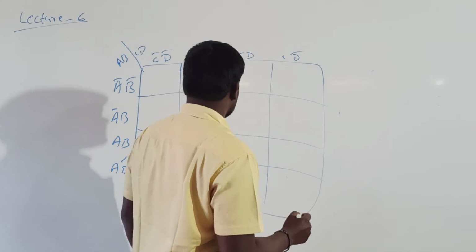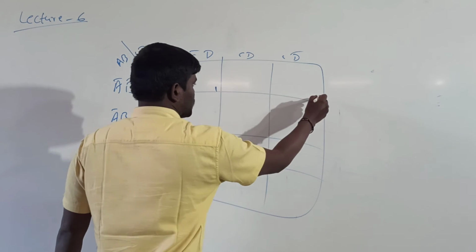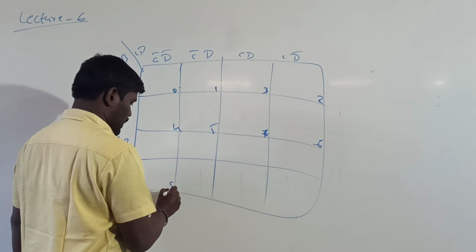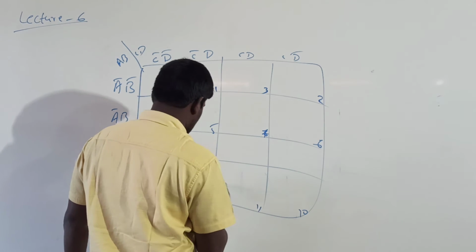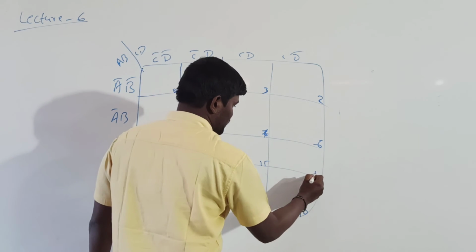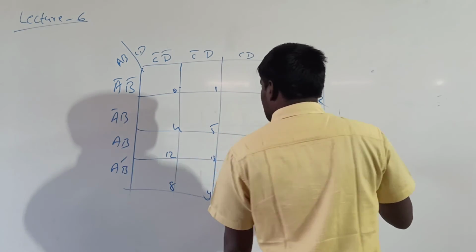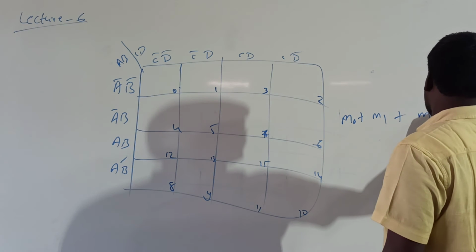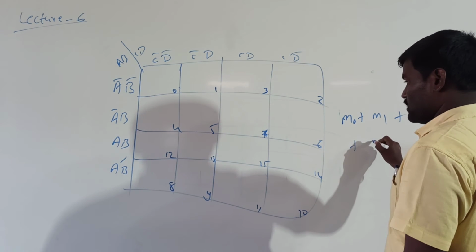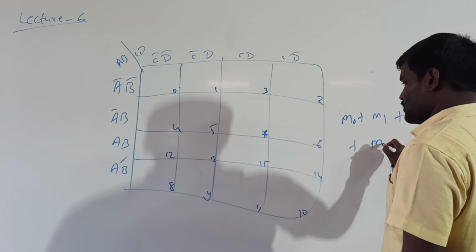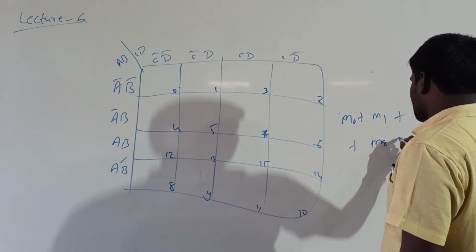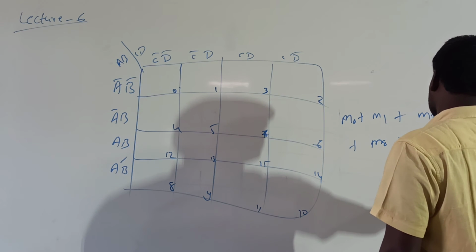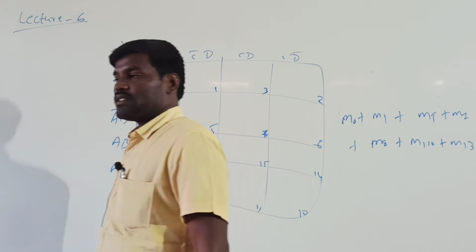First I have to write the positions: 0, 1, 2, 3, 4, 5, 6, 7, 8, 9, 10, 11, 12, 13, 15 and 14. I have to write like this: M0 plus M1 plus M5 plus M7 plus M8 plus M10 plus M13 plus M15. So this is the given question.